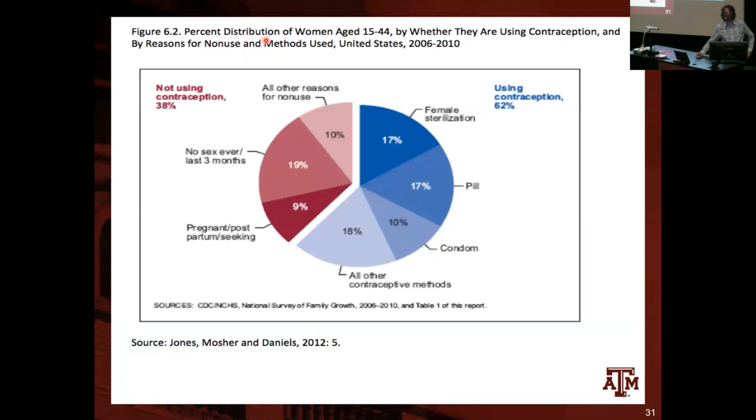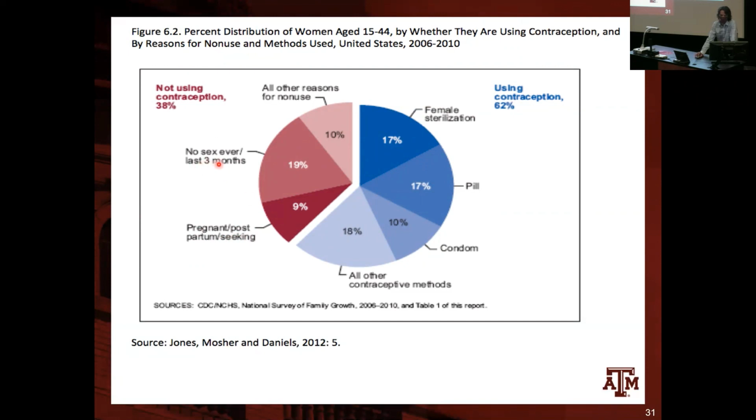And this is the percentage distribution of women age 15 to 44 by whether they are using contraception. Using contraception are the blue shades here. And if they're not using contraception, they are in the red shades. And what are the reasons? They are pregnant, so that's why they are not using any contraception. They're pregnant, or they're in the postpartum breastfeeding period.